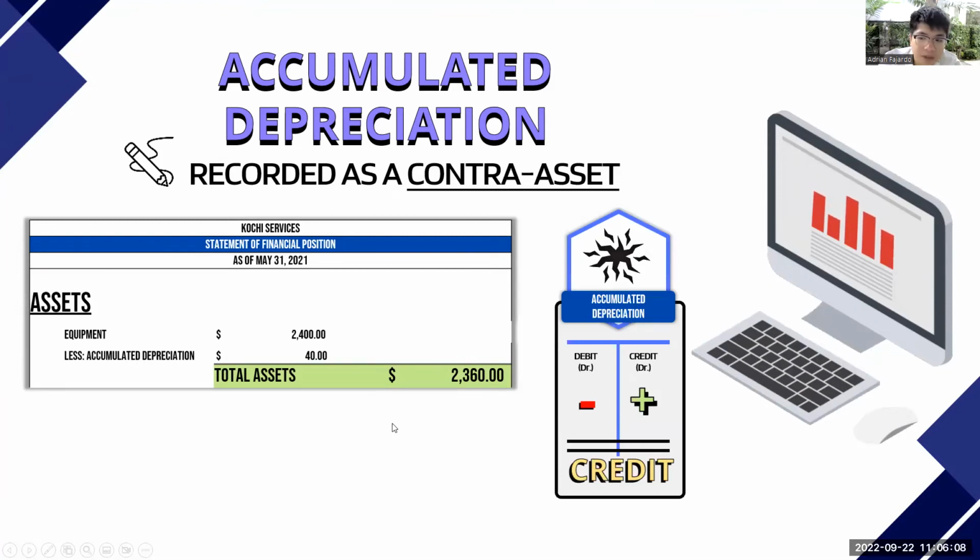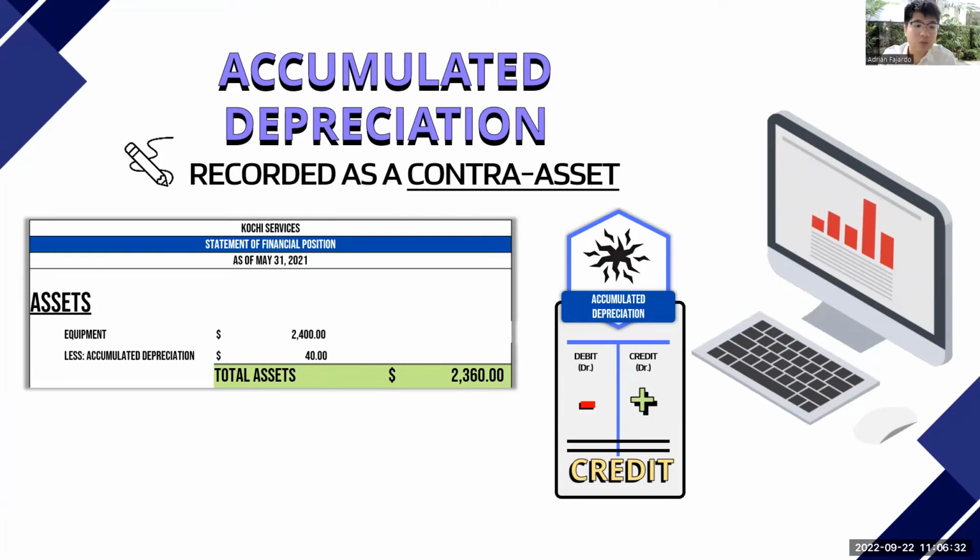So accumulated depreciation, even though it's an asset account, it's a contra asset. And what did we learn in lecture 2? Na pag negative siya, naturally negative, similar with expense or similar with owner's drawings, babalik ta rin mo yung normal balance. And therefore, asset, ang normal balance niya is debit, right?